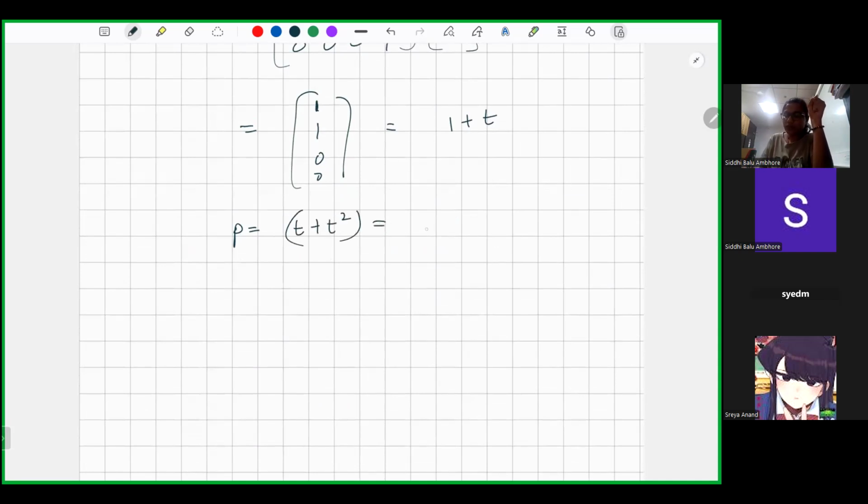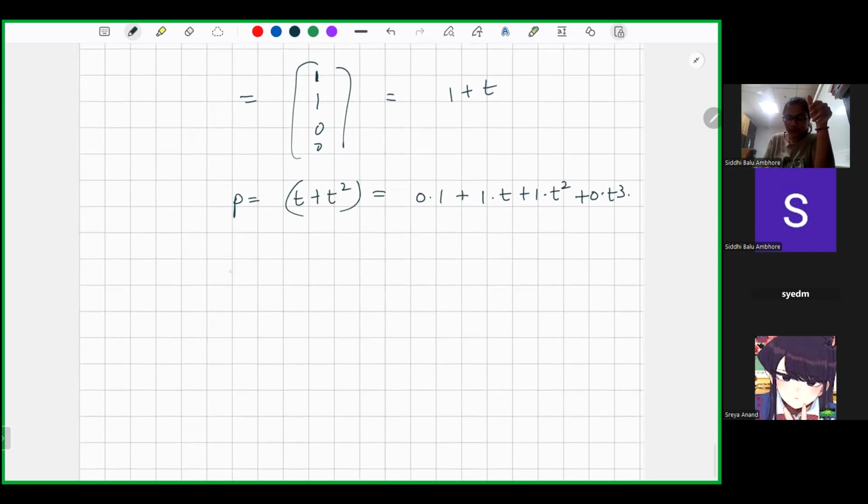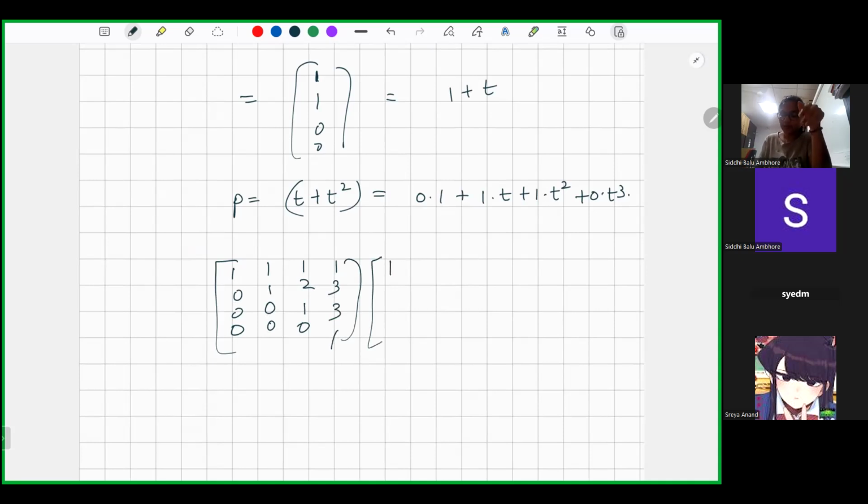This will be 0 into 1 plus 1 into t plus 1 into t square plus 0 into t cube, right? So if I apply this matrix, which is 1, 0, 0, 0, 1, 1, 0, 0, 1, 2, 1, 0, and 1, 3, 3, 1, on this column, I am trying to find the image of this element.